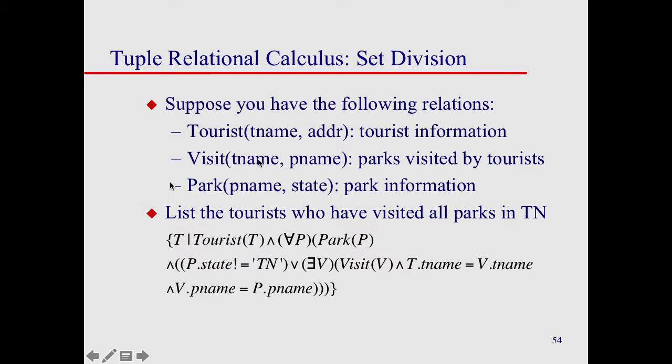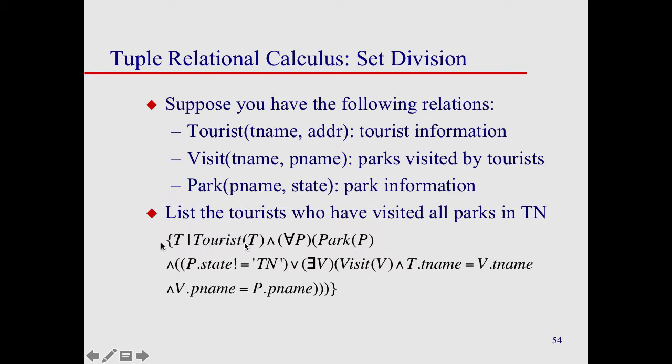So for every visit to any park in the country, I have the name of the park and the name of the tourist who visited the park. And then for all parks, I have the park name and the state in which the park is located. So now I want all tourists who have visited all parks in Tennessee.